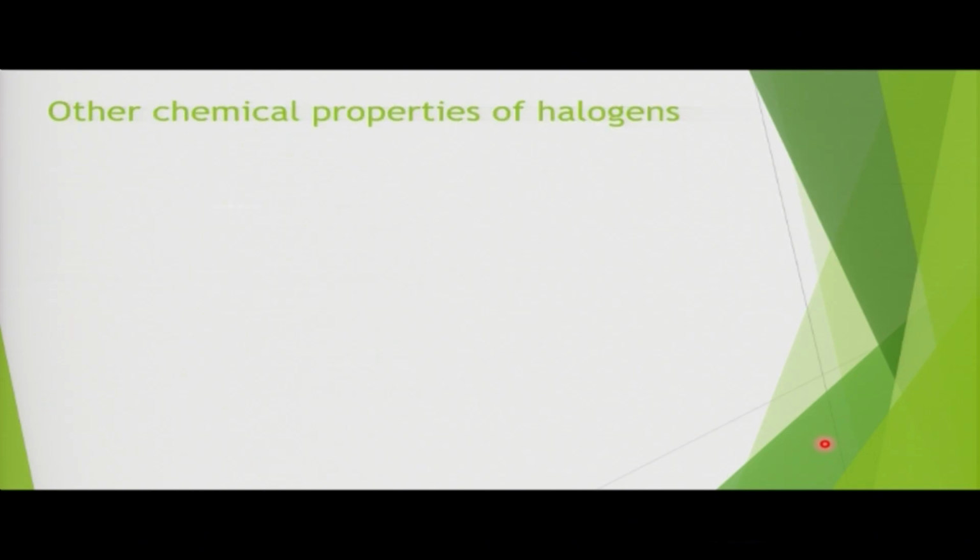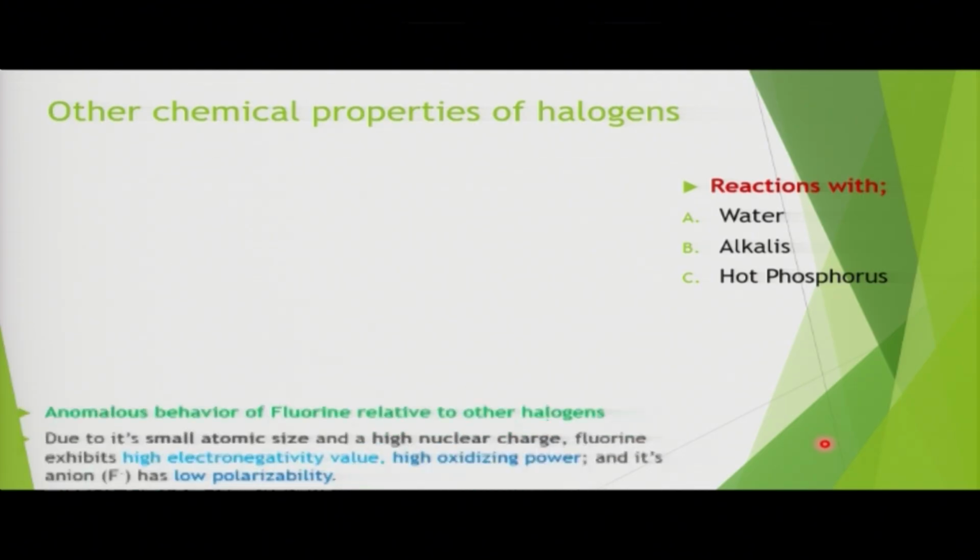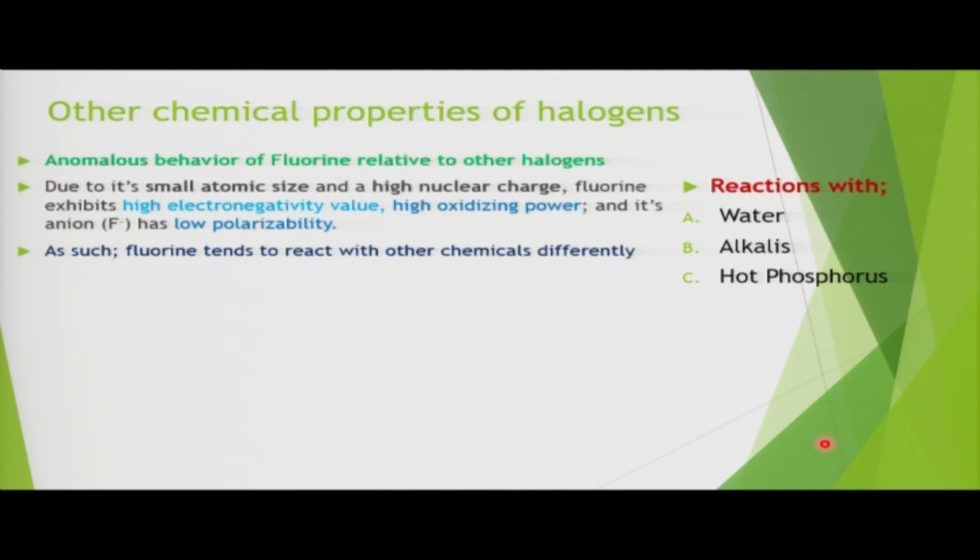Now let's look at the other chemical properties, and in this case we shall be looking at reaction with water, alkalis, and hot phosphorus. But before we look at those reactions, one unique aspect, as we mentioned before, is that fluorine is a unique member in the group.